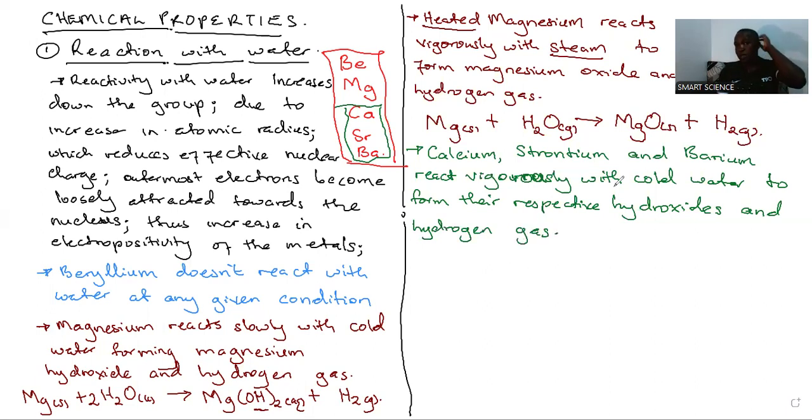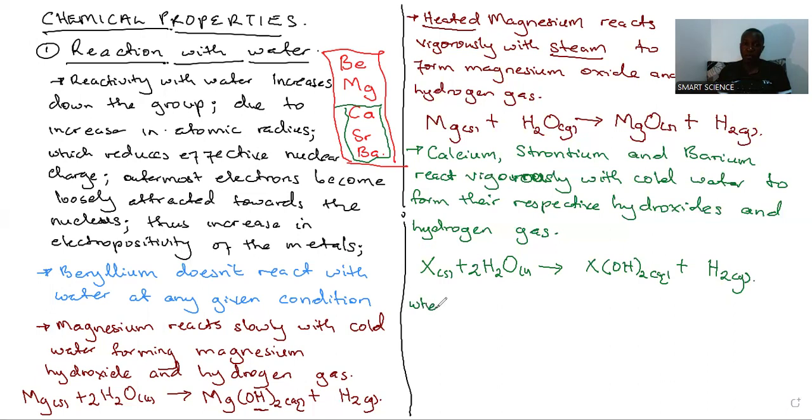Now, since these three share the same property, we can represent them with a general equation where X is solid. We are reacting it with water, which is a liquid, and we shall form X hydroxide, which is aqueous, plus hydrogen, which is a gas. We shall end up balancing to ensure that all the atoms at either sides of the equation are balancing.